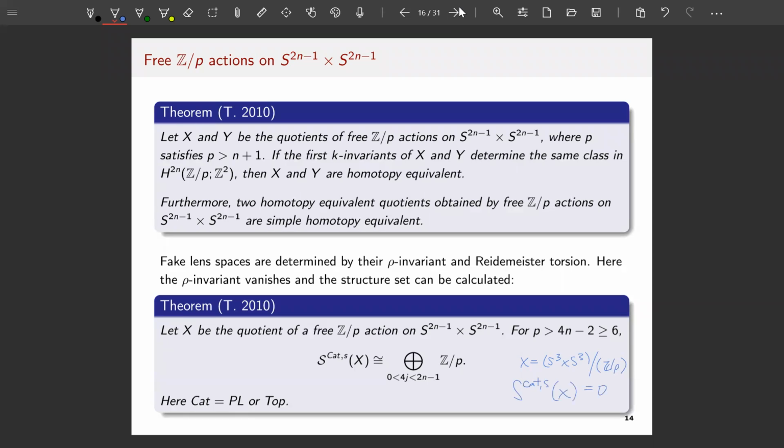And so that immediately tells you that any two of these that are homotopy equivalent are homeomorphic. You have to pick up some things like that. And in particular, they could also be PL homeomorphic. So this is for category being PL and top.